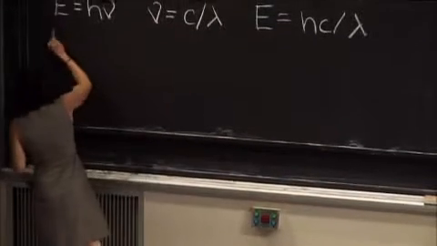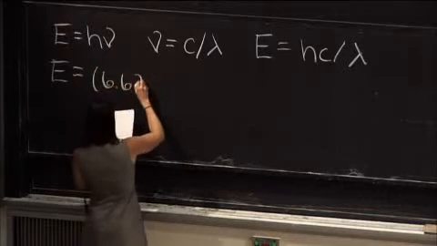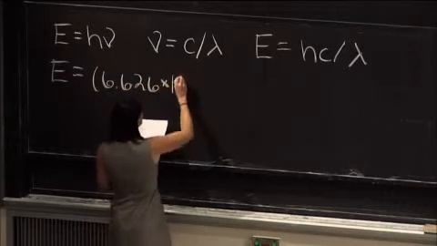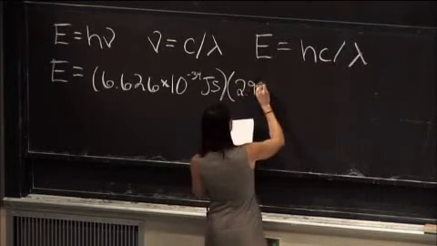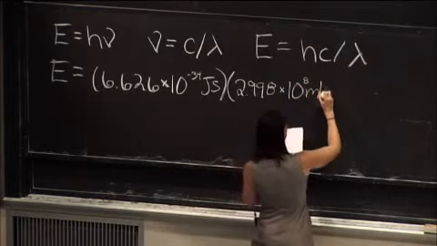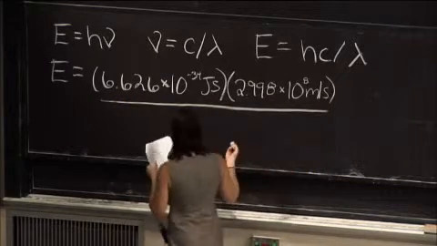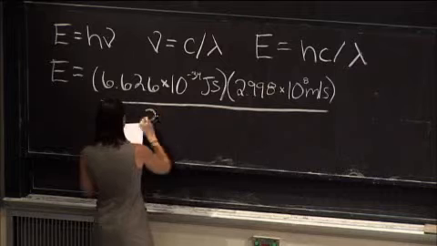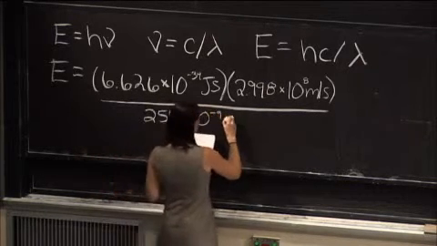So let's just plug in these numbers. Our energy is equal to 6.626 times 10 to the negative 34 joules times seconds. And then we have c, the speed of light, 2.998 times 10 to the 8th meters per second. We want to divide all of that by our wavelength, and to keep our units the same, we'll do meters. So that's 254 times 10 to the negative 9 meters.